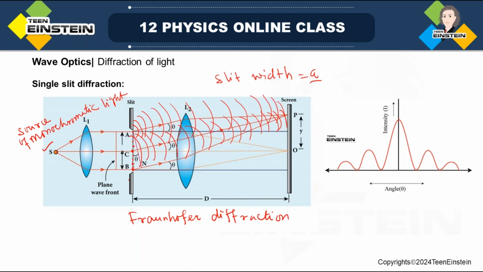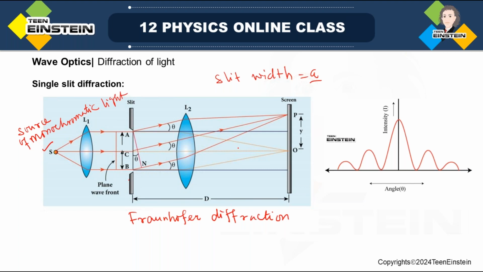Similarly, from this point wavelets will be like this, and they will interfere. Understand? So this interference of different secondary wavelets from the same wavefront will give rise to the diffraction pattern.